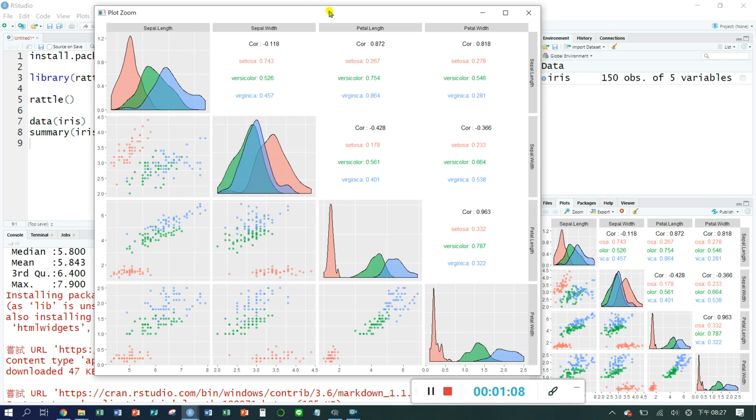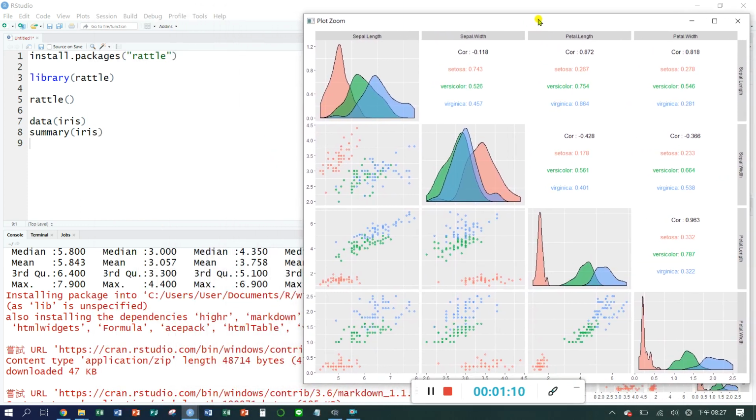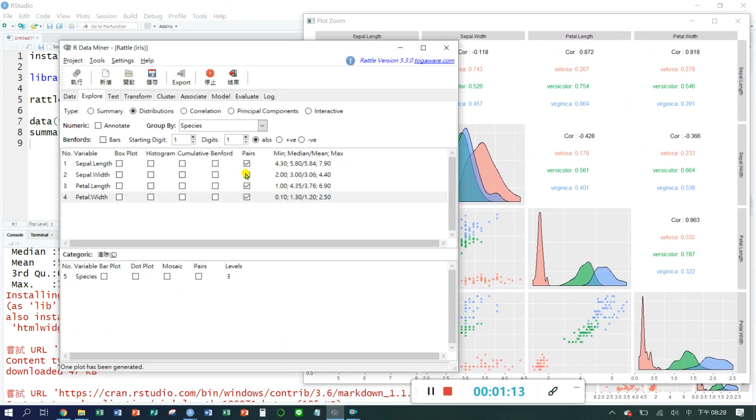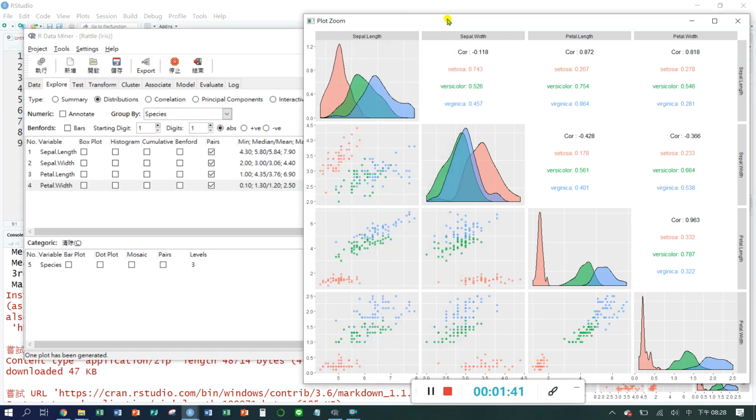When we choose the variables to pair, it will pair each variable with the others: sepal length, sepal width, petal length, petal width. It's also grouped by species, so it will classify by species.